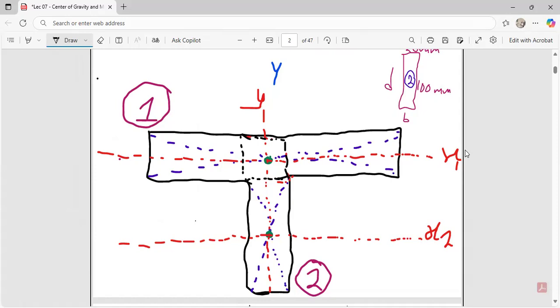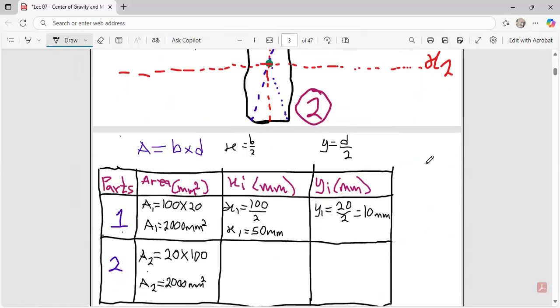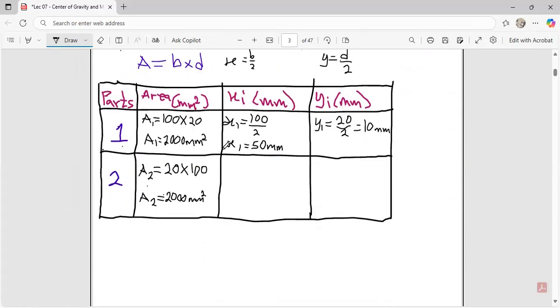That is what it means, because we said that collinear points lie on the same straight line and they are equal. Due to that, x2 is also going to become 100 divided by 2.